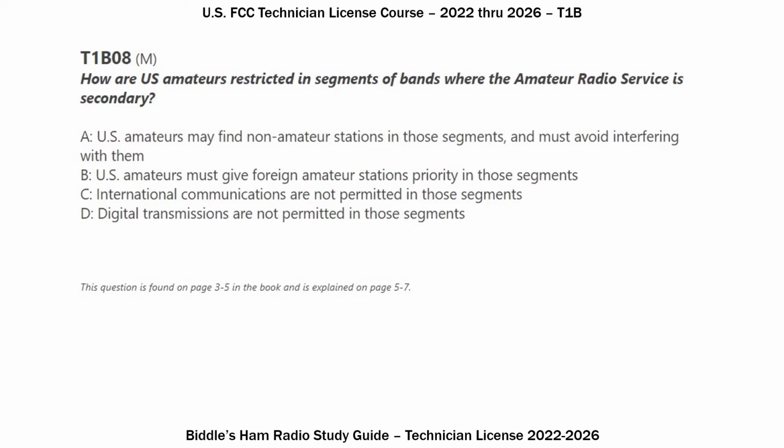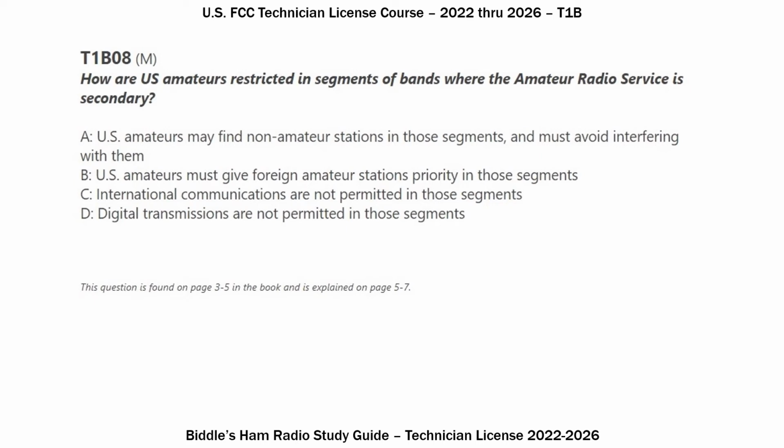How are U.S. amateurs restricted in segments of bands where the amateur radio service is secondary? This is question T1B08, and this is a modified question. A. U.S. amateurs may find non-amateur stations in those segments and must avoid interfering with them.